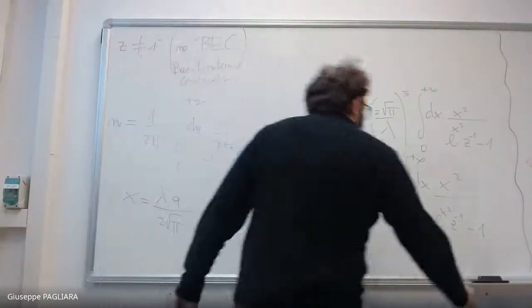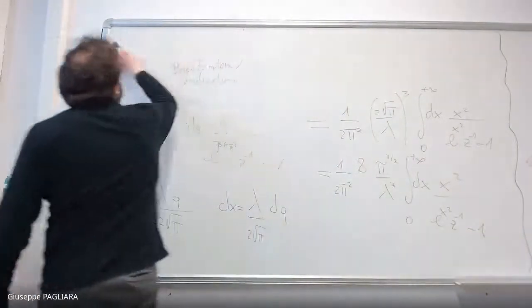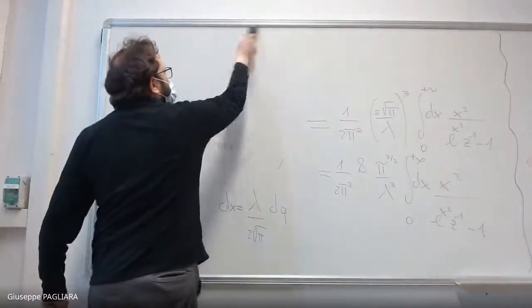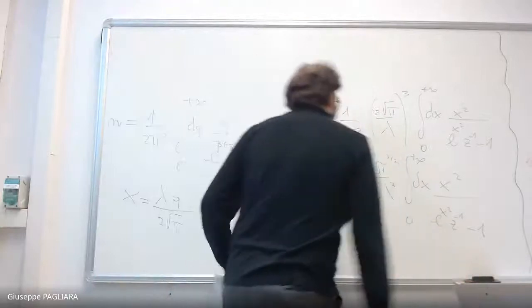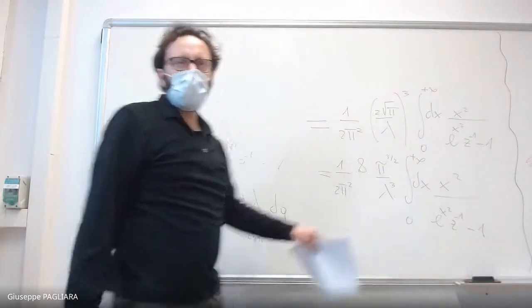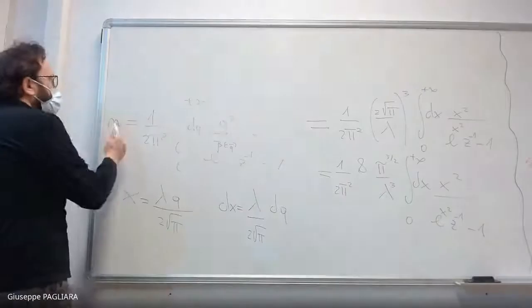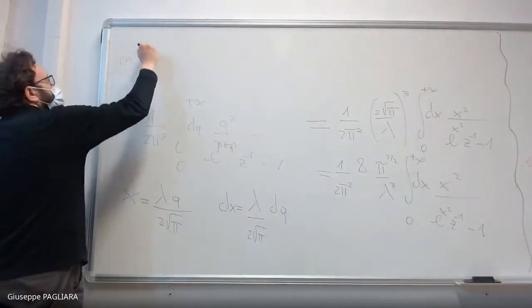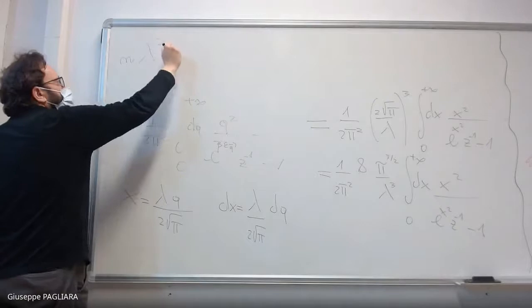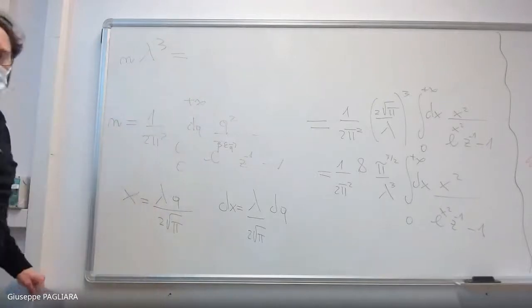Now let me collect everything. Now here the quantity has dimension of lambda here in the denominator. Here I have n. So let me write this in terms of the product, which is an important product, n lambda cubed.